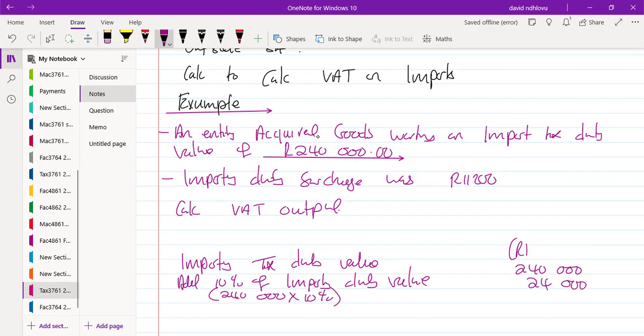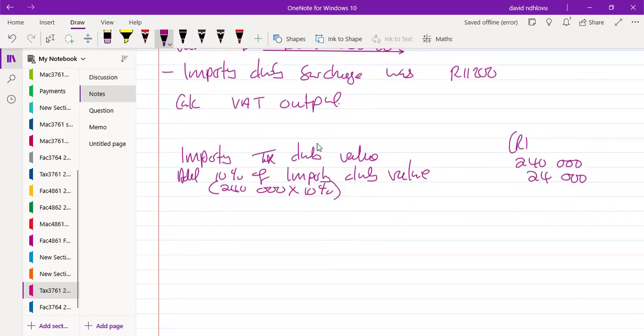Remember, this is a guide by SARS on how to calculate the VAT on an importation of goods, specified in the VAT Act. Once you get the import duty value, multiply it by 10%, and then you add import duty surcharges.